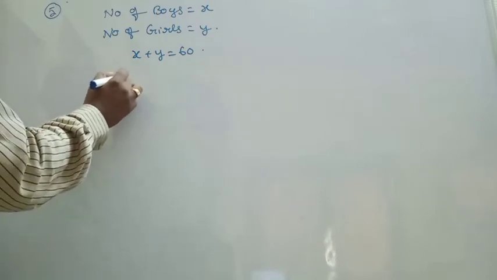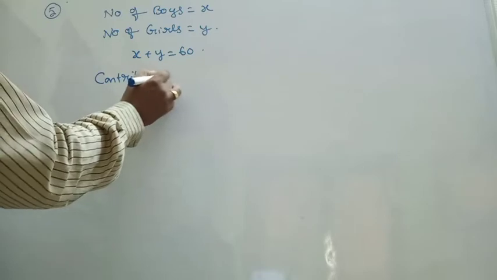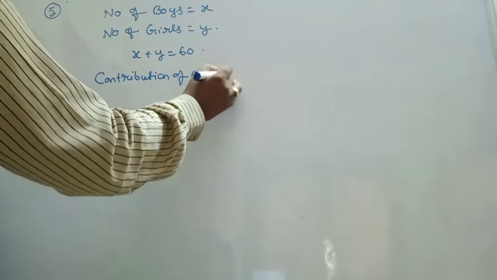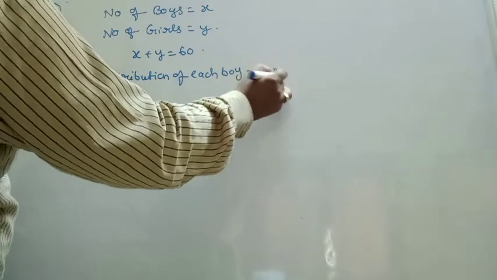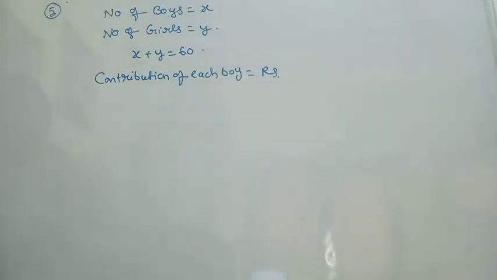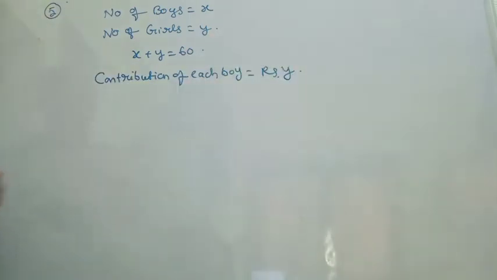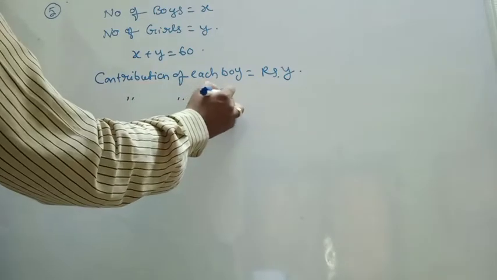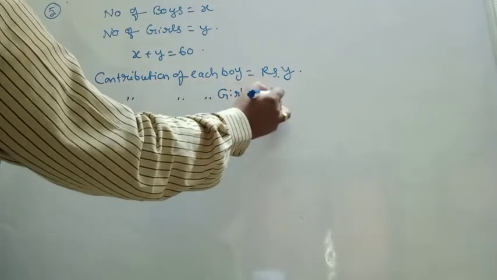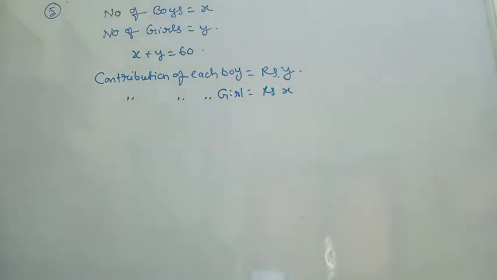Each boy contributed rupees equal to the number of girls, so the contribution of each boy is rupees y. And each girl contributed rupees equal to the number of boys, so the contribution of each girl is rupees x. Very good. Now the total money collected was 1600.